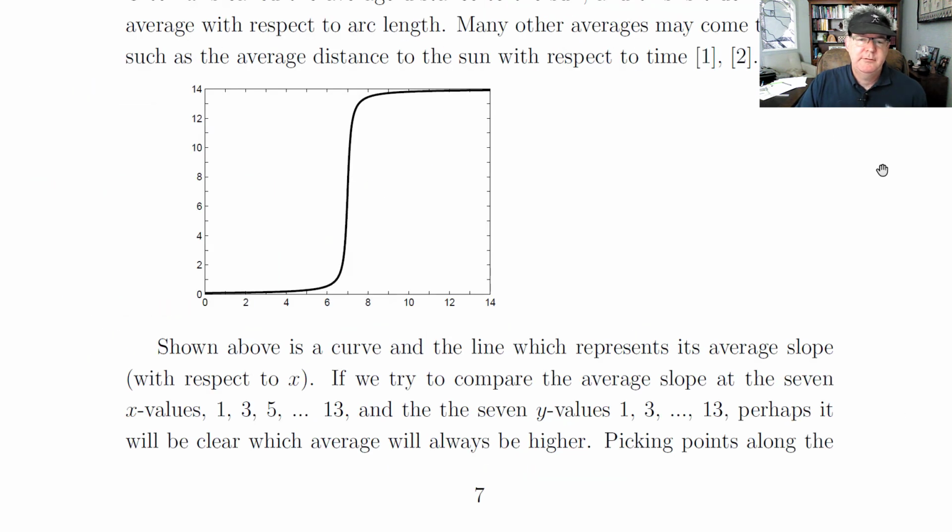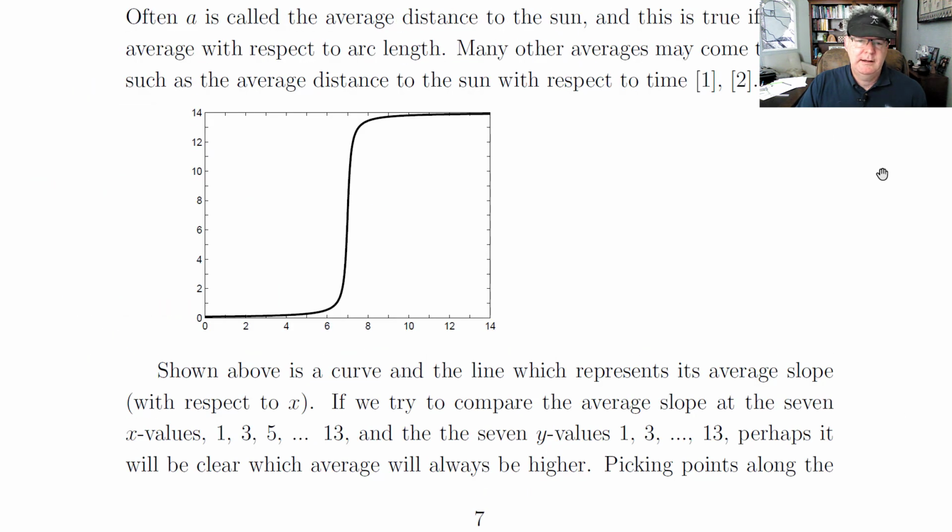Again, we kind of hinted at the reason why, but just to state it one more time, if I had points equally spaced along the x-axis, you can see you're going to have a lot more points where the curve has a small slope, near zero slope.